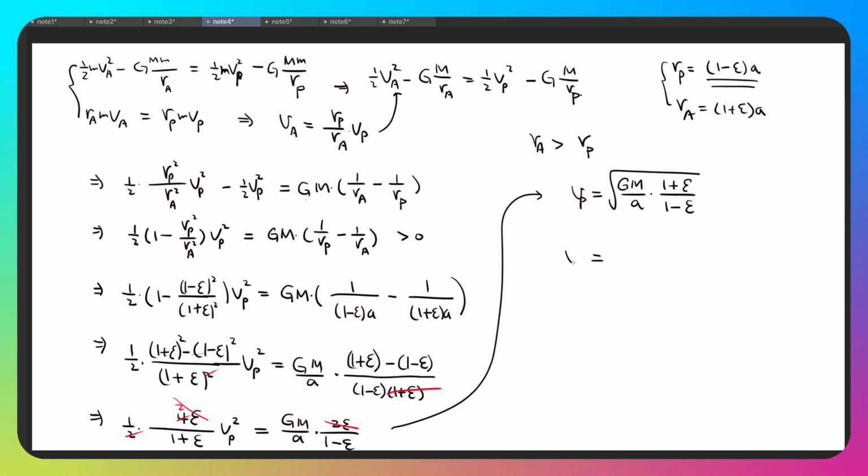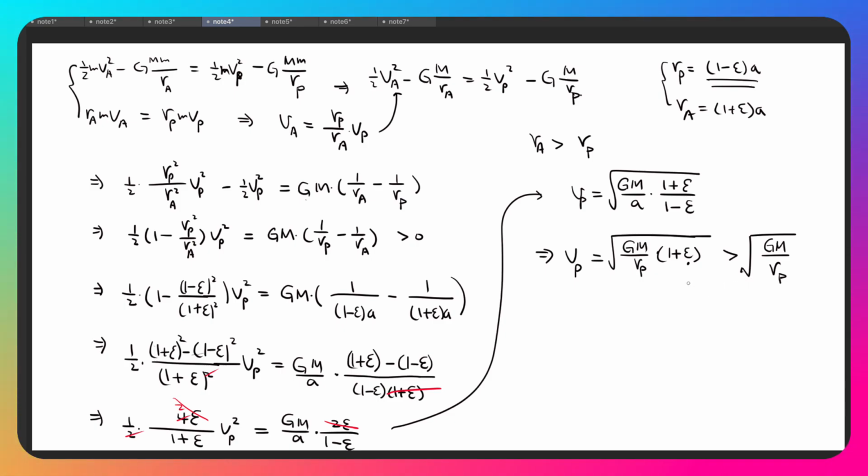So that's why we have VP equals the square root of GM over RP times 1 plus epsilon. And this velocity, of course, is greater than the square root of GM over RP. Okay, so if you think about this epsilon here, which is always positive, right? So that's why we have this VP greater than that.